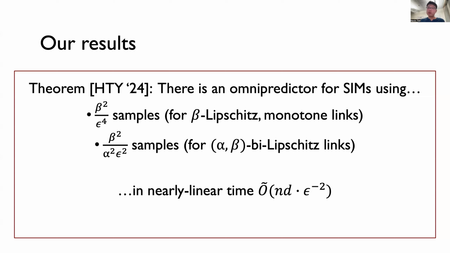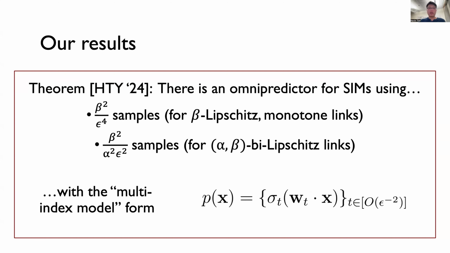And we're able to improve this slightly to beta squared over alpha squared epsilon squared when the link function is further assumed to be bi-Lipschitz, namely it has an anti-Lipschitz parameter as well. And one upshot of our algorithm is that it's very runtime efficient. In particular, it runs in nearly linear time, something like nd times 1 over epsilon squared, where n is the number of samples and d is the ambient dimension.